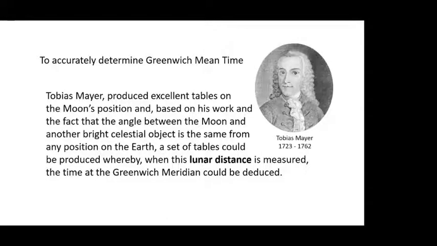Based on his work and the fact that the angle between the moon and another bright celestial object is the same from any position on the Earth, a set of tables could be produced whereby, when this lunar distance is measured, the time of the Greenwich meridian could be deduced.